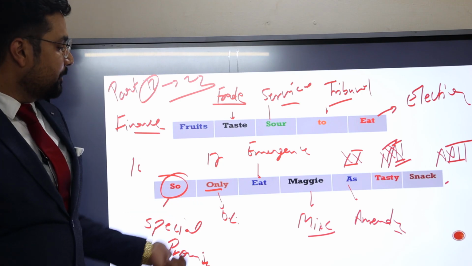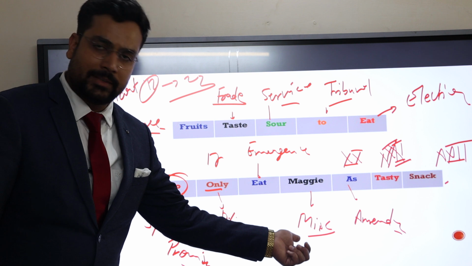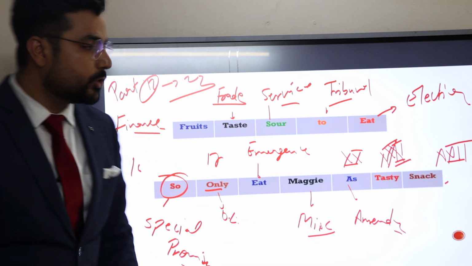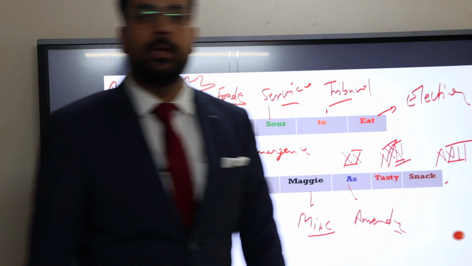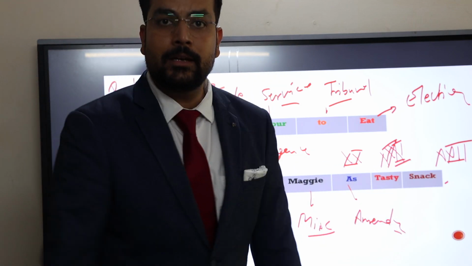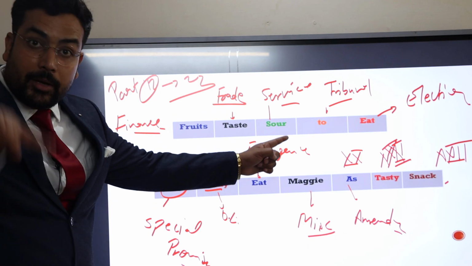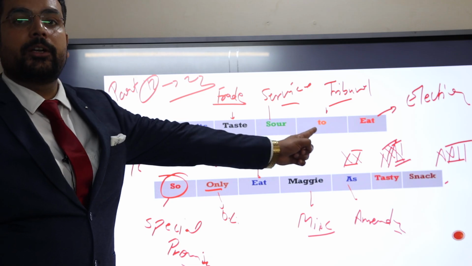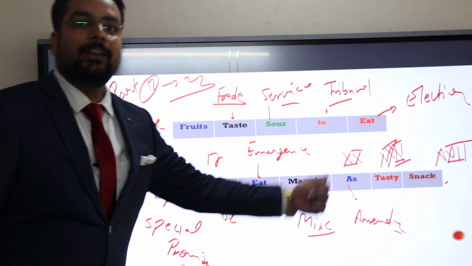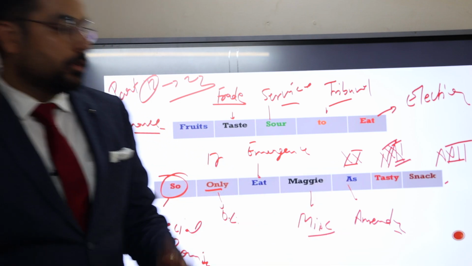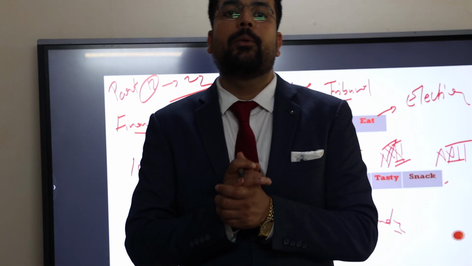So means special provision, only official language, eat emergency provisions, Maggie miscellaneous, as amendment to the constitution, tasty temporary and transitional provisions, and snacks means short titles and authoritative text in Hindi. This is part 12, 13, 14, and keep it in your mind. After 14 here comes 14A, then 15, 16, 17, 18, 19, 20, 21 and 22. So these are the total 25 parts of the Indian Constitution which we have learned with the help of trick also.